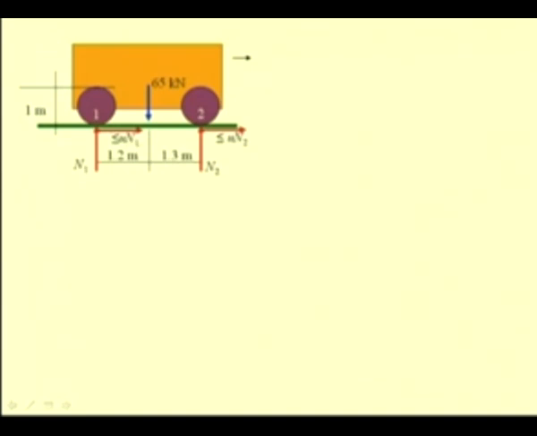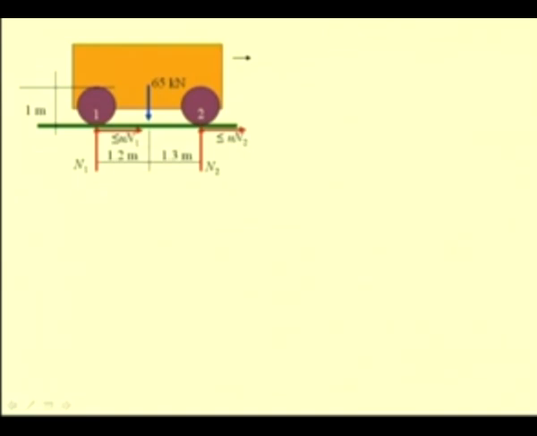So, this is the maximum value of frictional force that can exist at this point, and in the same way the maximum value of the frictional force that can exist between the wheel in the front and the track is limited by this value, mu times N2.